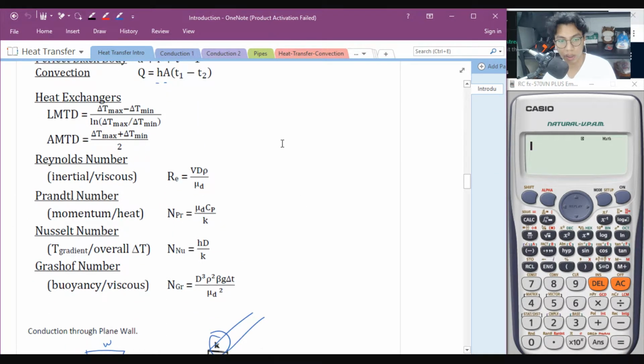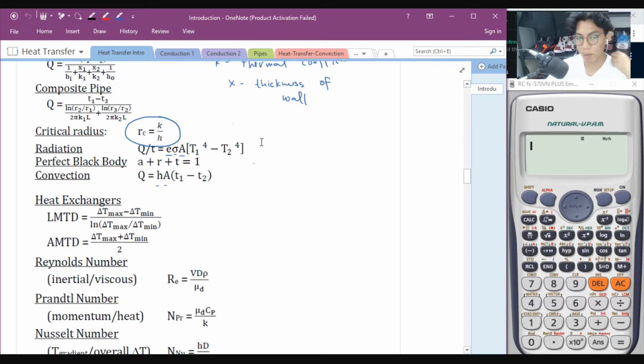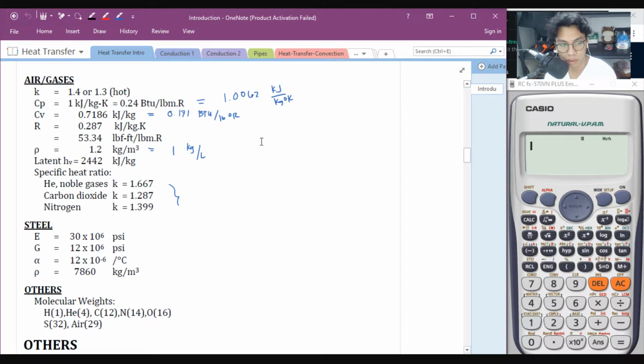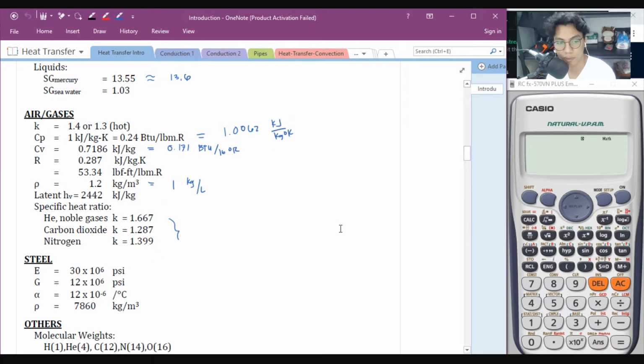Ito yung sa Reynolds number. Maya puntahan natin yan. Ito, latent heat of vaporization for water. Ginagawa ko lang 2.5 yan. Latent heat of vaporization for water, that is 2442.